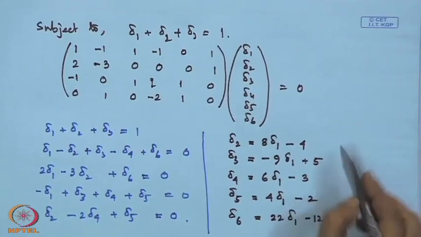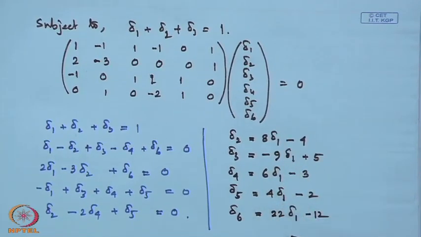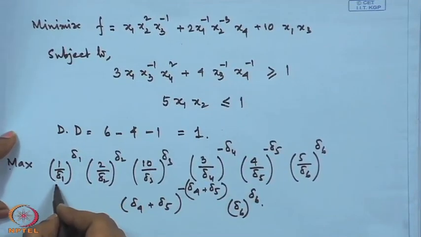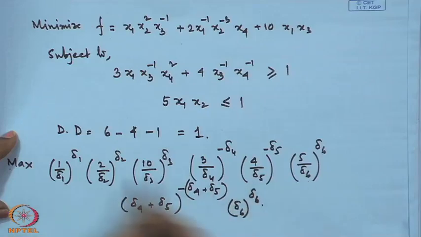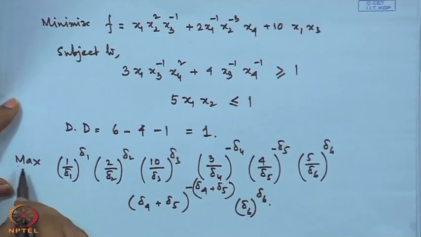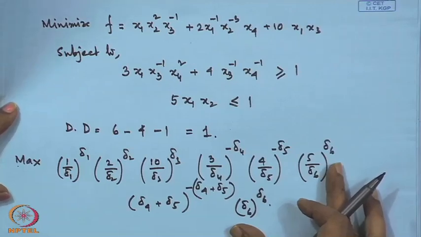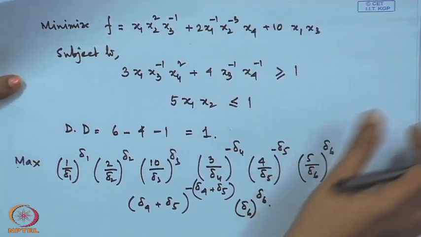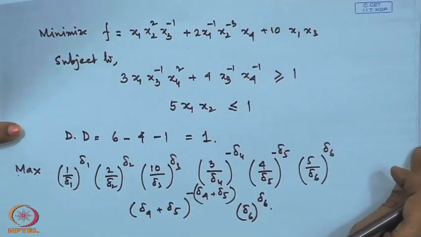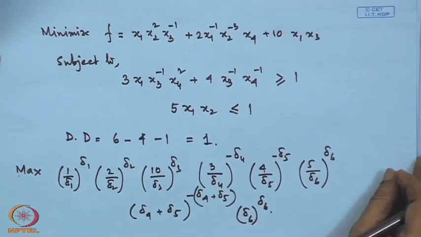Thus, we give the value for delta 1 and we will get the values for the other deltas. Thus, we will get an infinite number of solutions here. Solution is not unique. In the objective function, we will write delta 2 to delta 6 in terms of delta 1, then we will have the maximization of this as a function of a single variable. We can use the classical optimization technique for solving it and we will get the optimal solution for this problem.